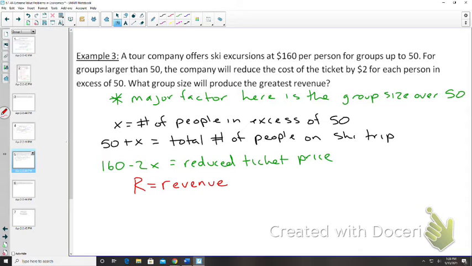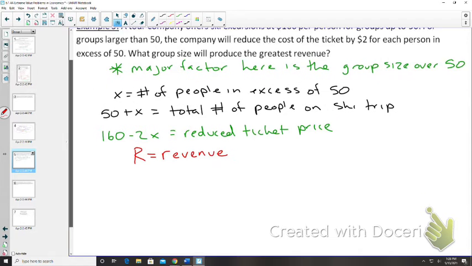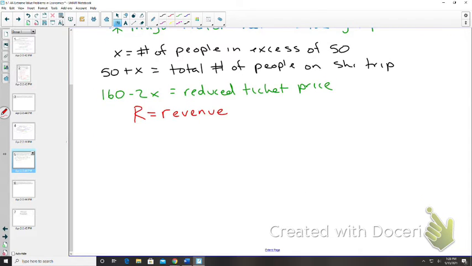From the revenue function, we know that R of x is equal to x, the number of units sold, multiplied by the price of x. The number of people in excess over 50 is x, and the total number of people on the ski trip is 50 plus x.